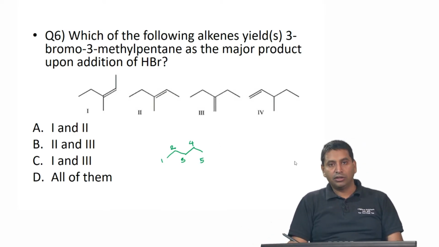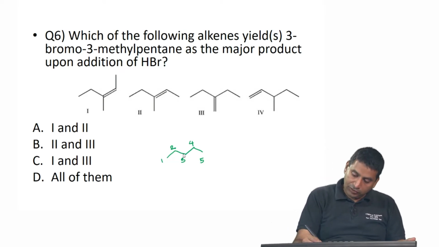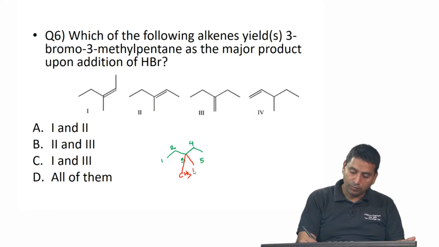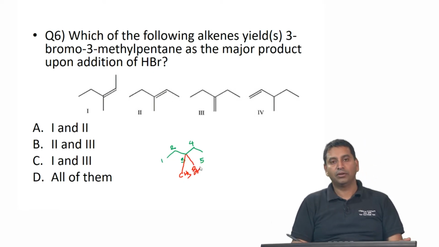Okay. So now the question is 3-bromo 3-methyl pentane. So on the third carbon there is going to be a methyl group and a bromo group. Okay.